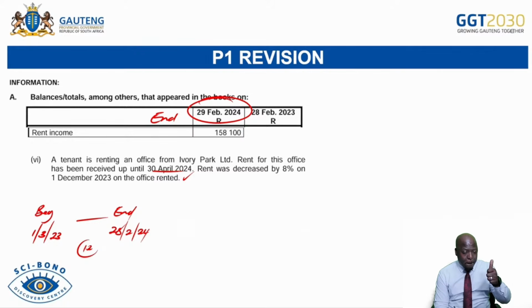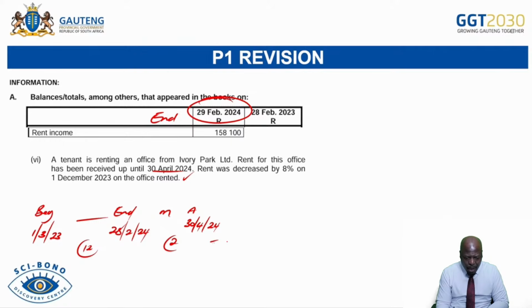We're still okay. And then we are told that rent was decreased by 8% on 1 December. Okay, but very key that we've received until 30 April. So we have 30 April 2024. So we've received rent for March and April, making them how many months? 2 months.